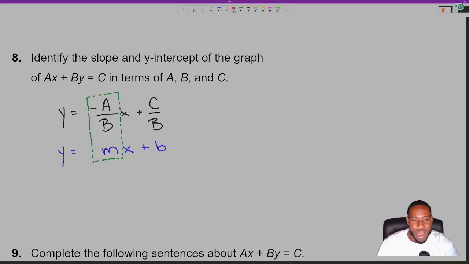And you also remember that our y-intercept is whatever number is the constant, usually to the right. So if they want us to write this in terms of a, b, and c, we could say slope is equal to negative a over b. And we could say that the y-intercept is going to be equal to c over b. And that's that.